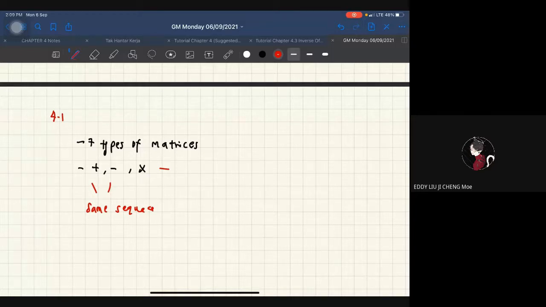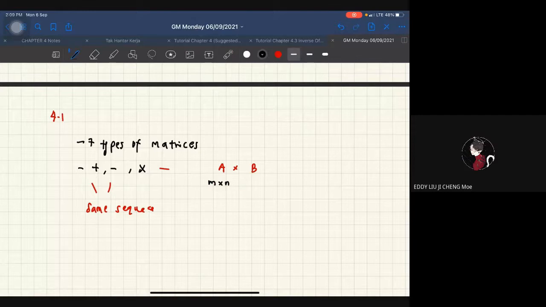Okay, so let's say we have matrix A multiply with matrix B. So for these matrices to multiply each other, untuk dia multiplication tu applicable and compatible, dia mestilah matrix A ni, let's say we have M times N. So we have M rows times N column. So this one is rows and this one is column.